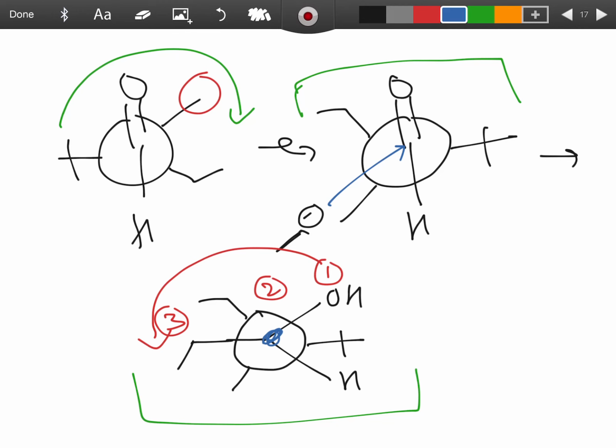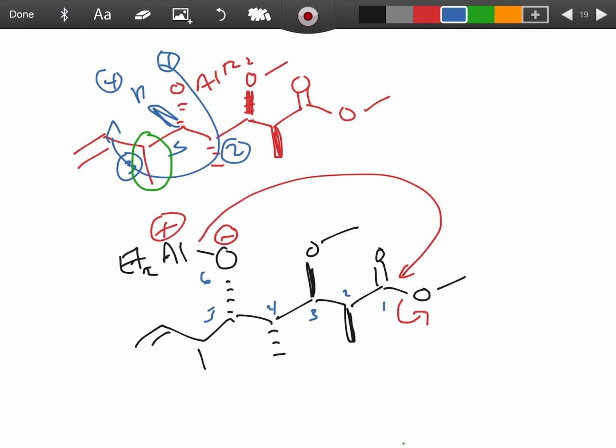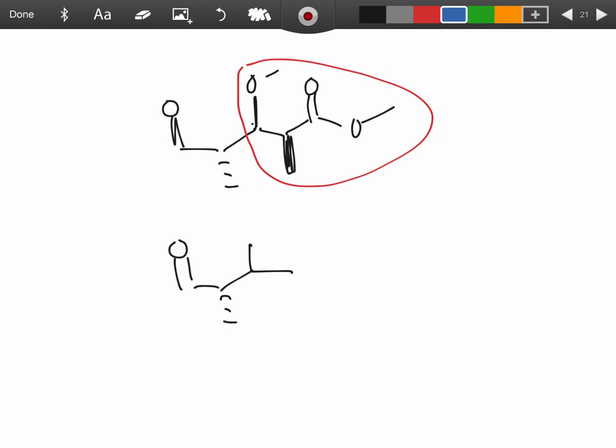And this kind of makes sense, right? So let me draw it. As you increase the size of your nucleophile, you increase your selectivity, because you could get, for lack of a better word, leakage of your stereochemistry.